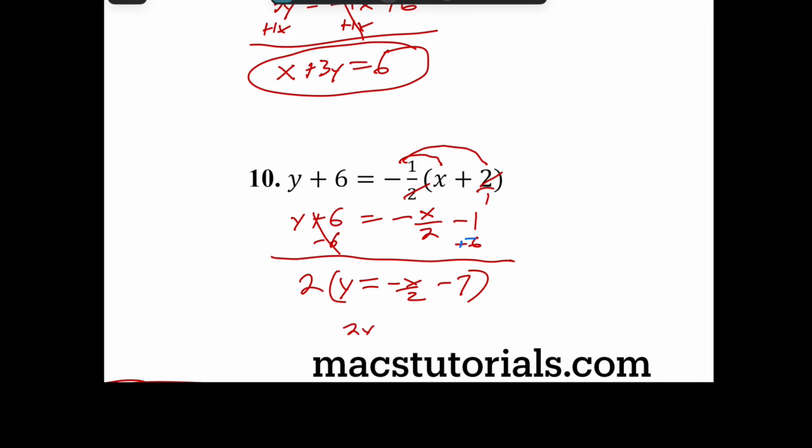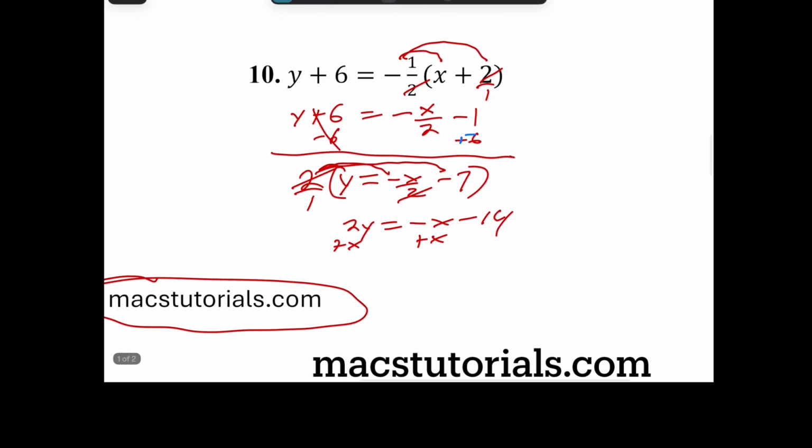I'm going to get 2y equals -x minus 14. I did that, I did that, and I did that. And when I did this one, the 2's cancel out, and that's why I got the -x, okay? And now when I add x to both sides, I'm going to get myself x plus 2y equals -14.